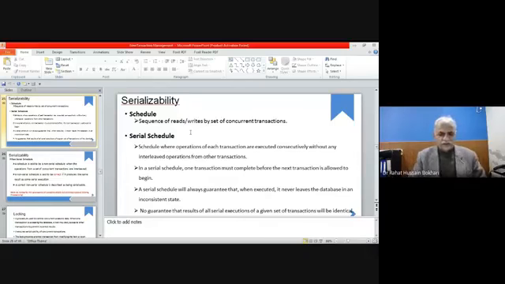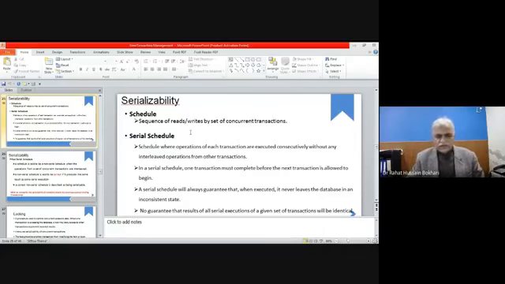If we are dealing with a serial schedule, only the next transaction should be carried out when the first transaction that is being executed is complete in all respects.